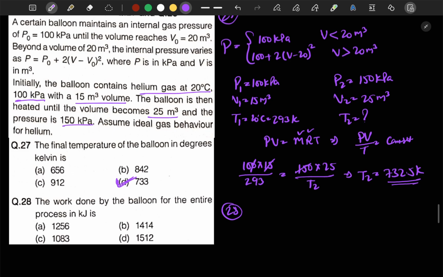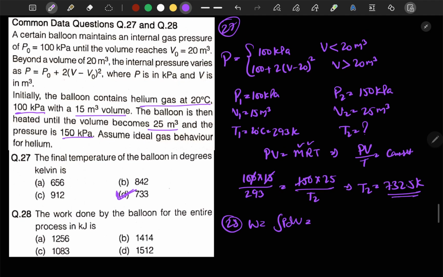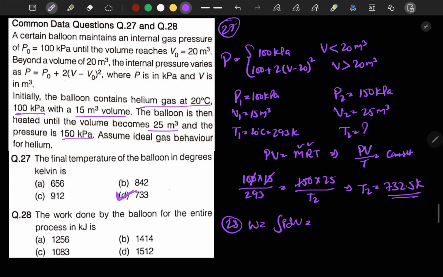In case it is asked for the entire process, the work done is given by integration of PdV, but we can see that there are two steps. At one step it is acting as constant pressure of 100 kilopascal and volume is up to 20 meter cube, from 15 meter cube.